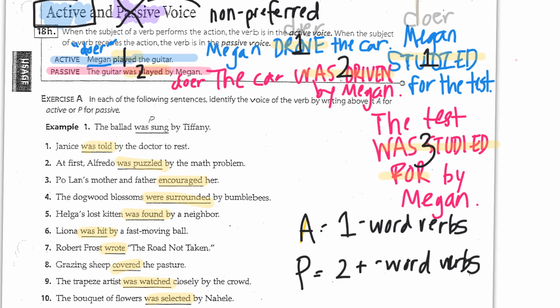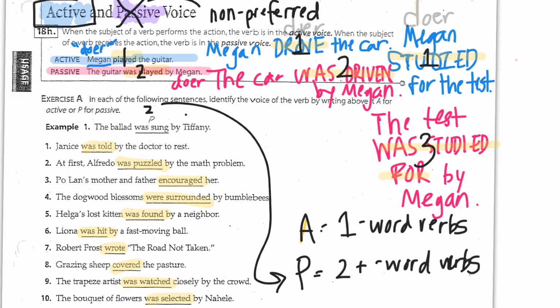And that's why in this example, before the exercise, in exercise A, you can see that because was sung is the verb, and that has 2 words in that verb, those 2 words tell me that's a passive voice sentence.